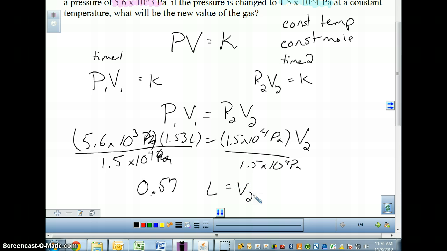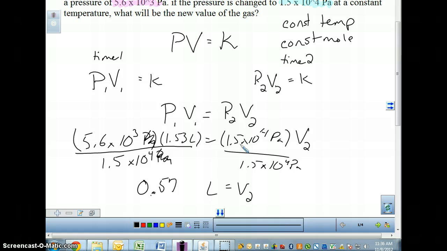So our volume shrank from 1.5 to 0.57, because if we took the time to notice, our pressure increased from 5.6 times 10 to the third, which is 5,600, to 1.5 times 10 to the fourth, which is 15,000.